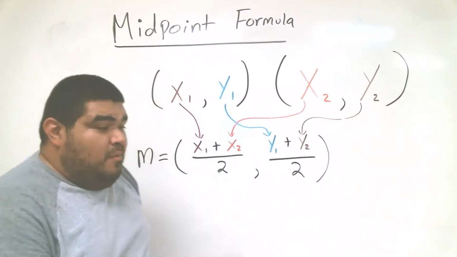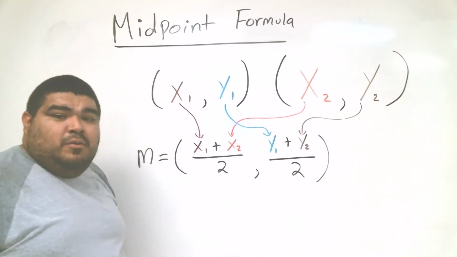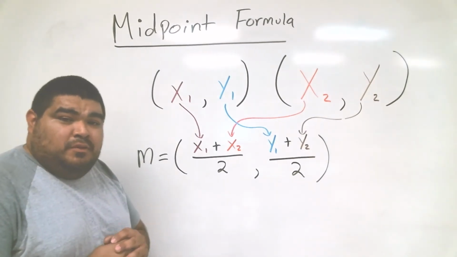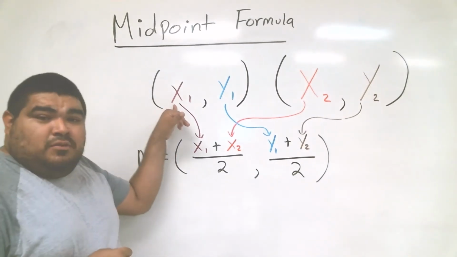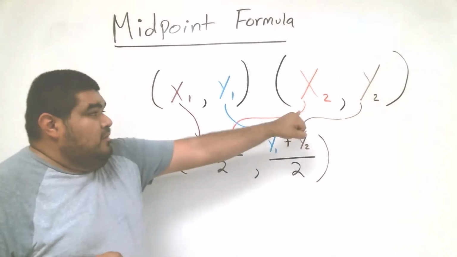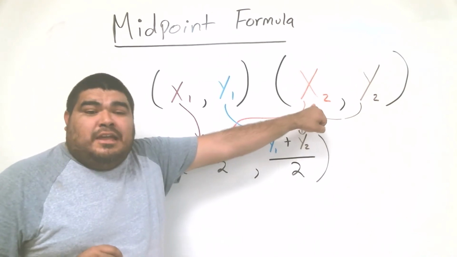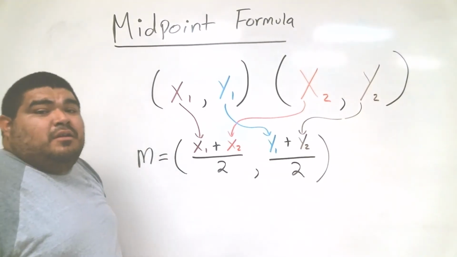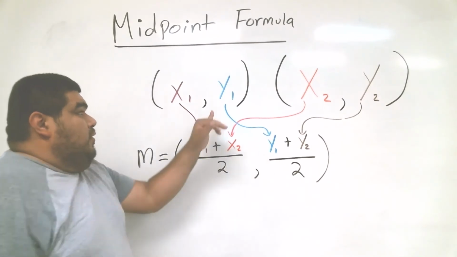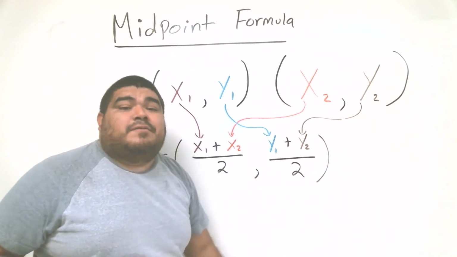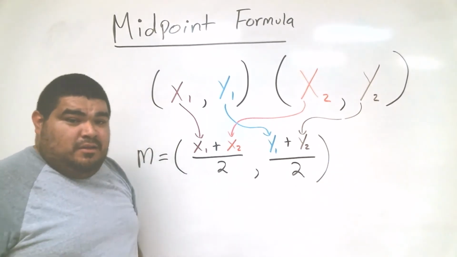Now, remember the formula for midpoint. We have x1 plus x2. All you really have to do is take the first x from the first point, and add it to the x, the first number on the second point, okay? For the y's, you get the y from the first point and add it to the y of the second point, okay?